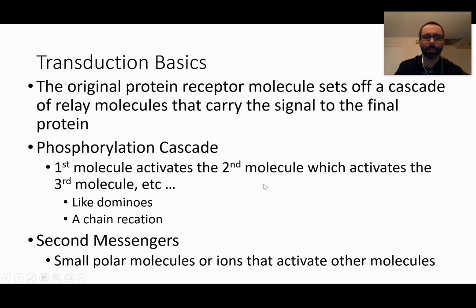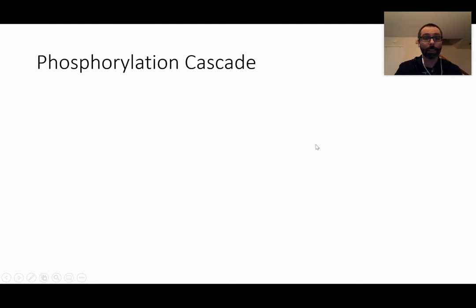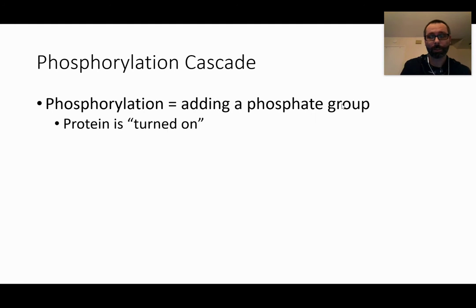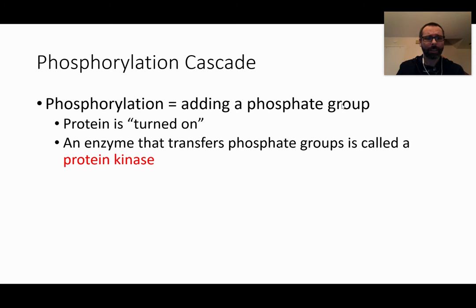Now, there are these things called second messengers, which are not phosphorylating things, but we'll get to those in just a moment. Let's start with the phosphorylation cascade. First, phosphorylation means adding a phosphate group. We're going to put a P onto some sort of molecule, and that molecule is going to be activated. The name for the proteins that do that are called kinases.